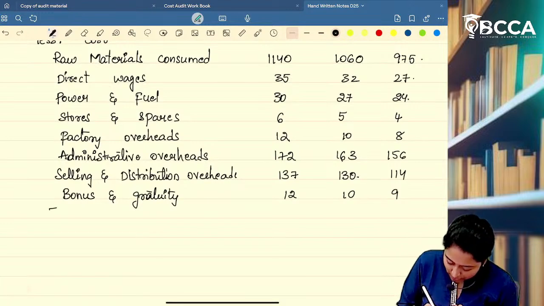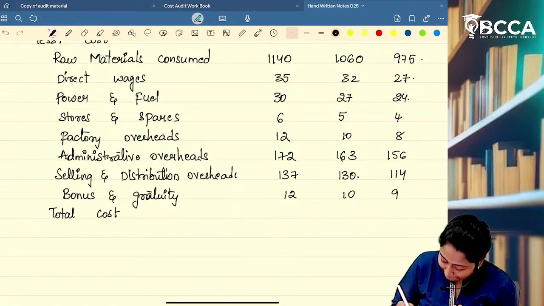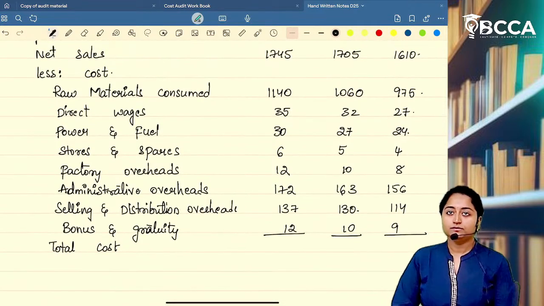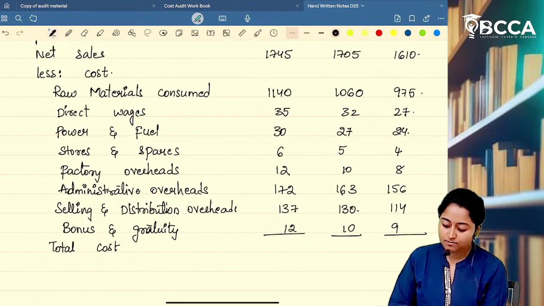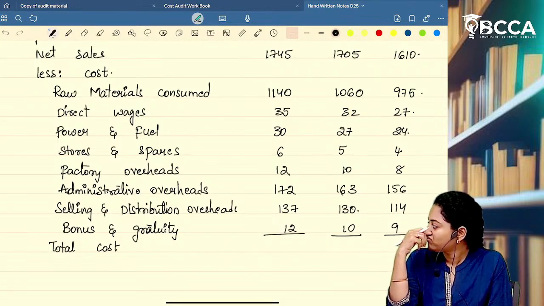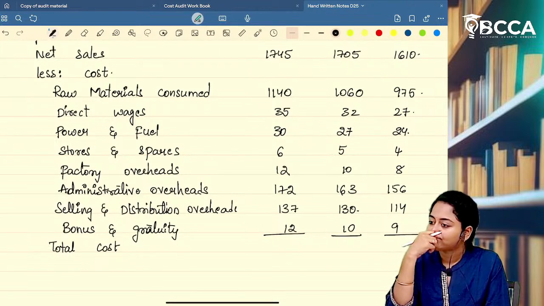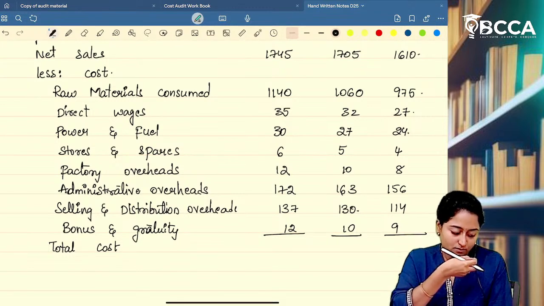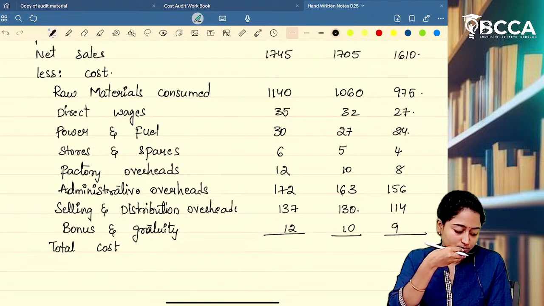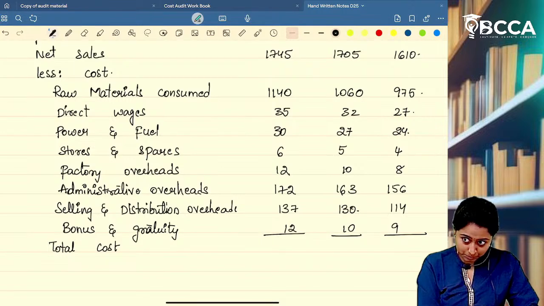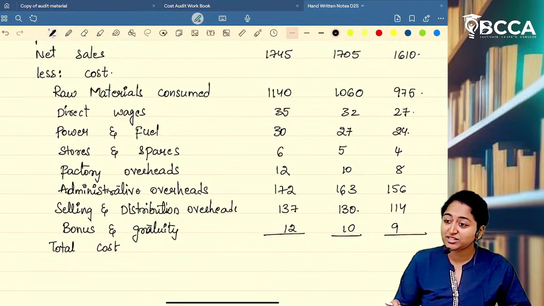Now what is total of cost? Yes. Question?